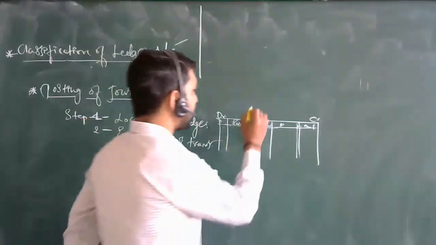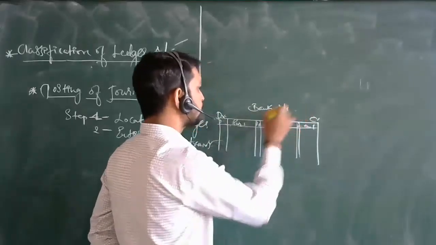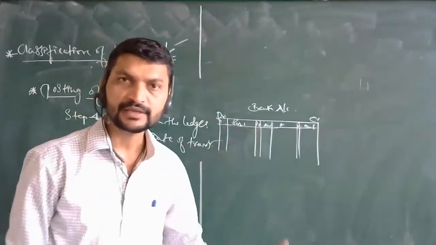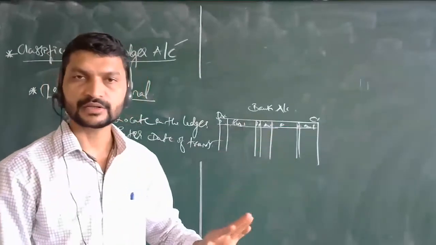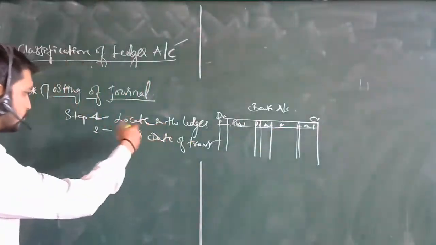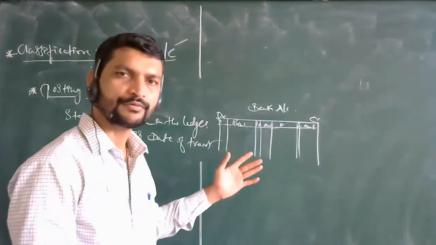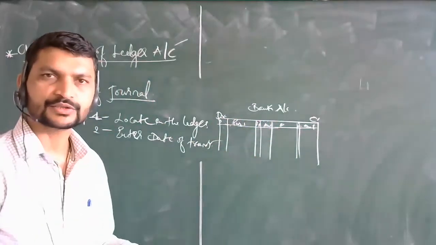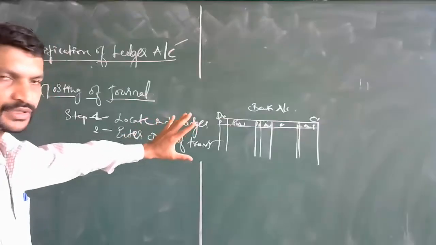Most probably in the bank account, if you have paid a cheque, to whom you have paid, his name goes where you have debited it, debit side, or credited it, credit side. After these 2-3 points I will take the practical sum, because practical things give a clearer picture of what we are discussing theoretically.